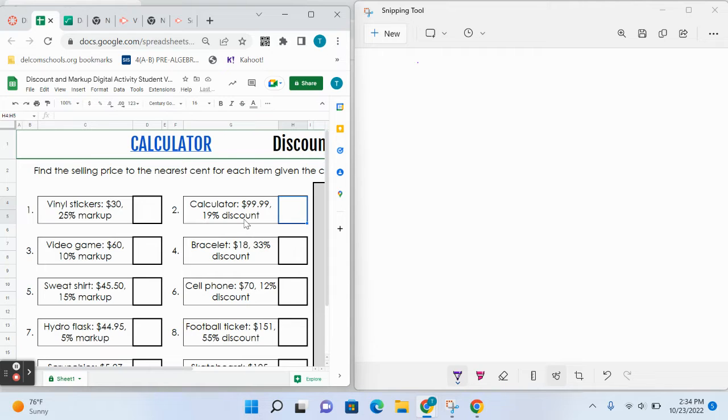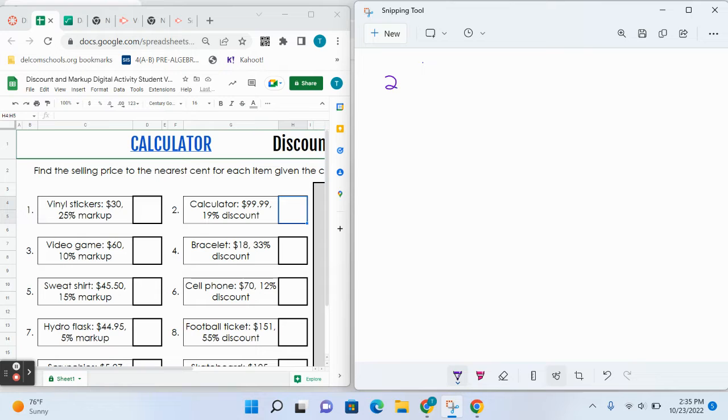Do keep in mind, whichever way you decide to do it, you want to type in the selling price. We've got to take our answer one step further.